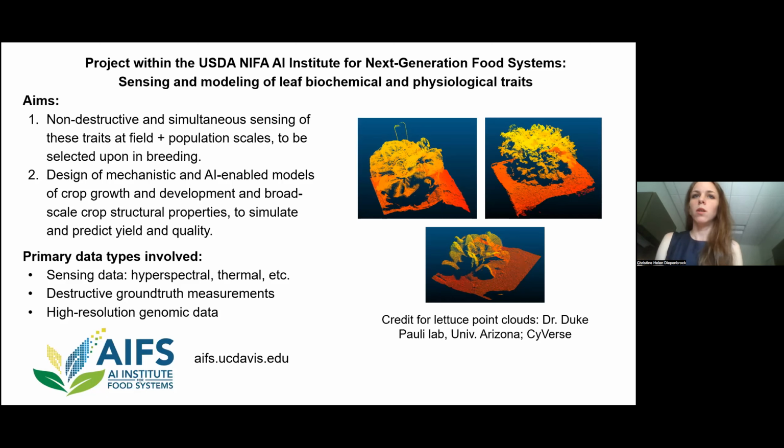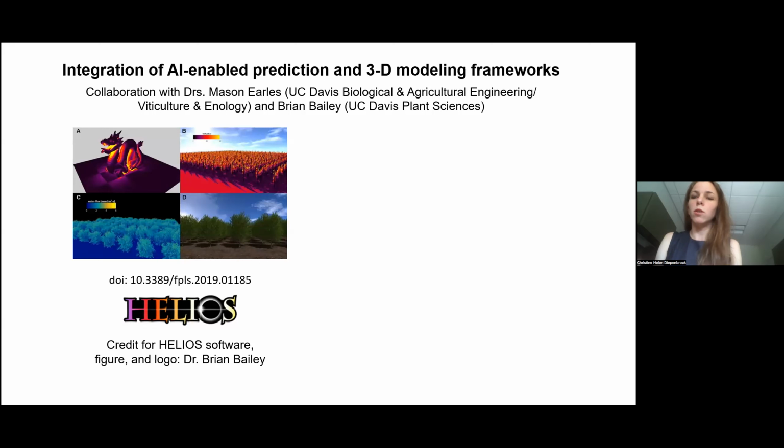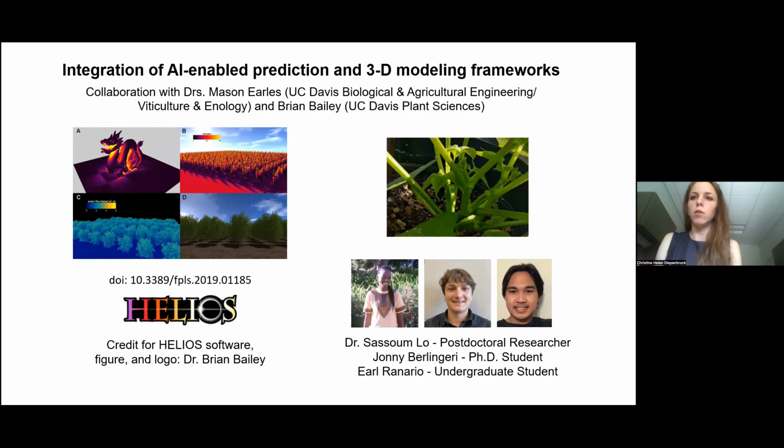I thought to highlight as well one collaboration with Drs. Mason Earles and Brian Bailey here on the UC Davis campus. Dr. Bailey has a really interesting framework for 3D biophysical modeling that they have deployed in various crops at this point. Depicted here is a figure from their paper, which is really an excellent read. They have been integrating their understanding of plant physiology into these models, and can look at crop structure and function in a really unique way from what I've been observing so far.